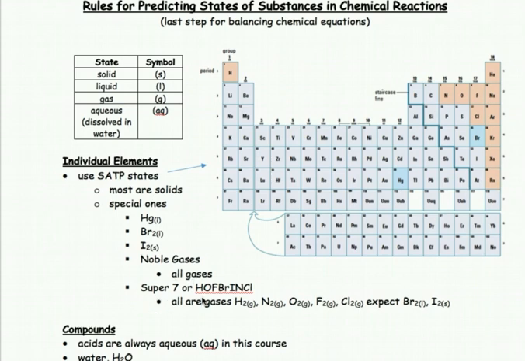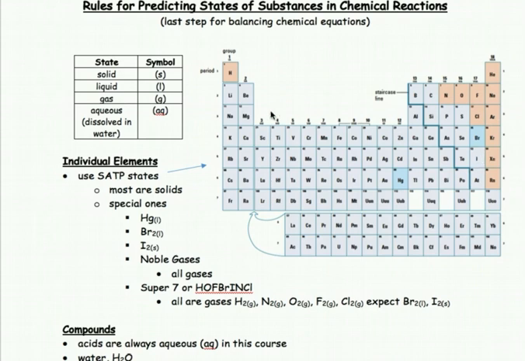And then we have our super 7 here, the Hofbrinkel. I wanted you to memorize Hofbrinkel because this is the way to memorize all the ones that are diatomic. Whenever you have any of these in a chemical reaction equation, they should be diatomic, so H2, N2, O2, Cl2, Br2, I2, okay? Of the Hofbrinkel, most of them are gases, but there are two exceptions: bromine, which is a liquid, and iodine, which is a solid.